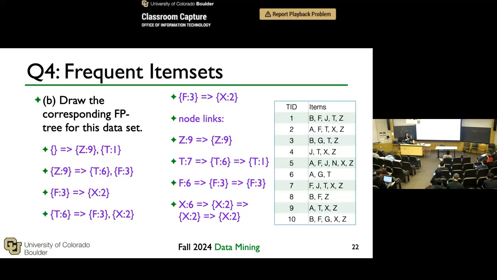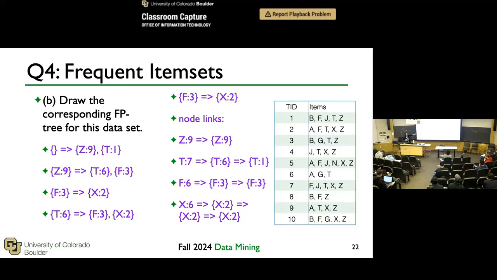The header table is for the individual items, because that is how you can quickly identify in the big tree where those particular items occur. Once you have those items, you traverse backward to generate your patterns. So if you're in the graduate section, make sure you understand how this works. Undergraduates, if you want to get some extra points, it's also reasonably helpful to understand and see how it works.